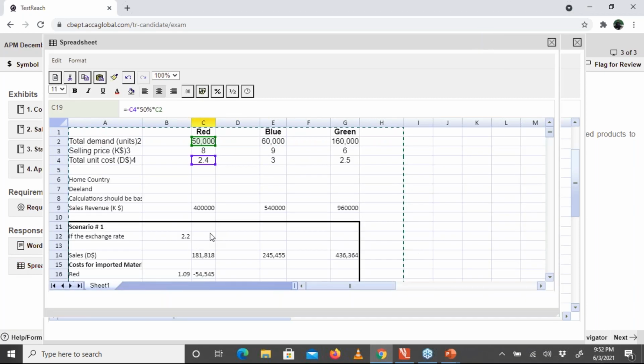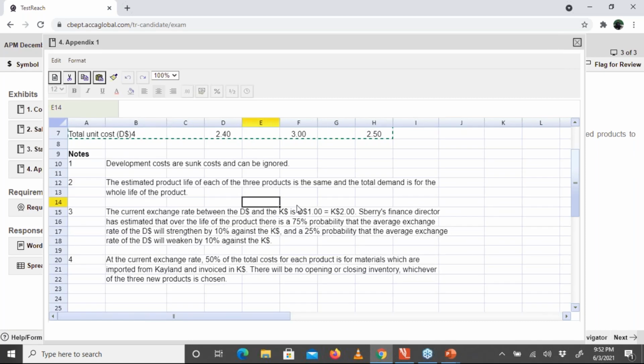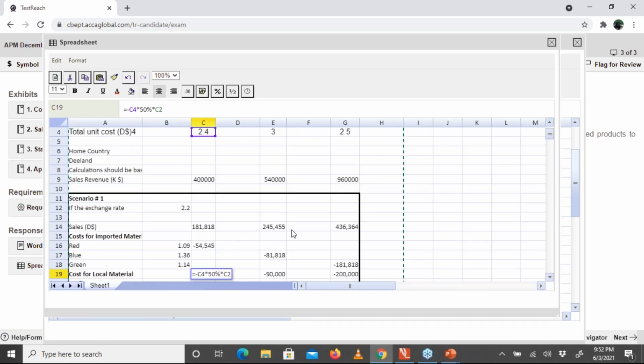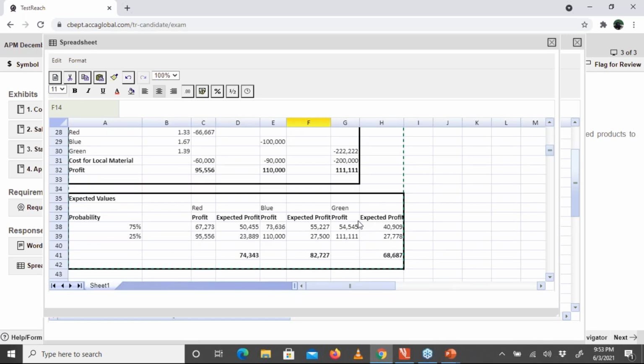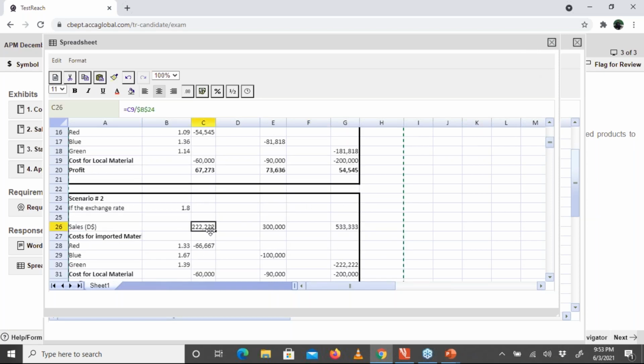We have used that because what we have done is we have actually applied this exchange rate 1.8 onto the sales.